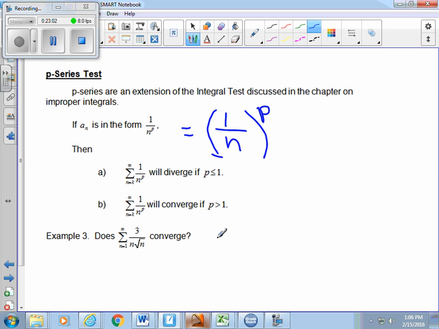Two of these will be a little bit obvious. The or equal to takes a little bit more thought, and we actually did that when we did improper integrals.